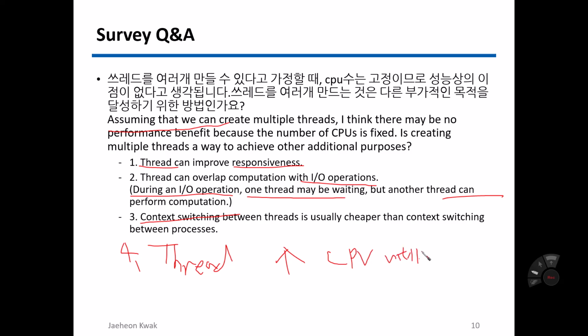Even if you have multiple CPUs, if you do not use threads, you can only use one CPU core. By using multiple threads, you can fully utilize the CPU cores. So threads can give a huge performance benefit.